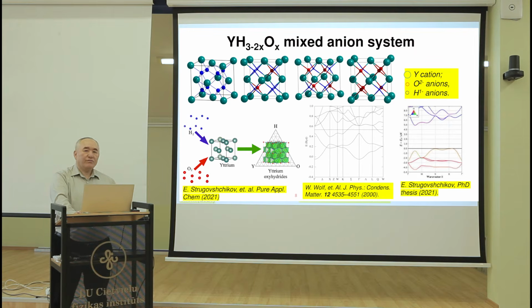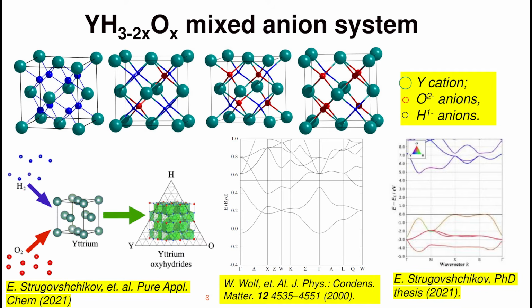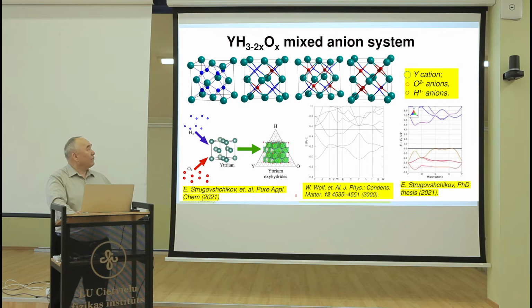So what does mixed-anion material mean? On the left-hand side, you see this picture. Here, the big green balls denote yttrium atoms, and the small blue atoms show hydrogen atoms. So this is a matrix of yttrium dihydride. When one deposits such a material by any method and afterwards exposes it to air, the material will get oxidized.